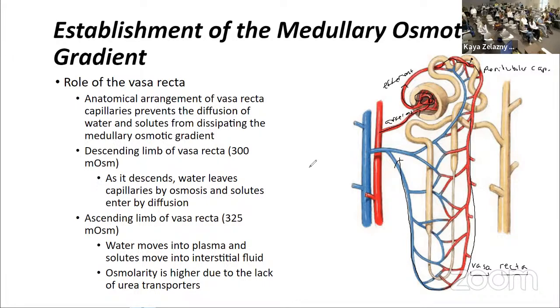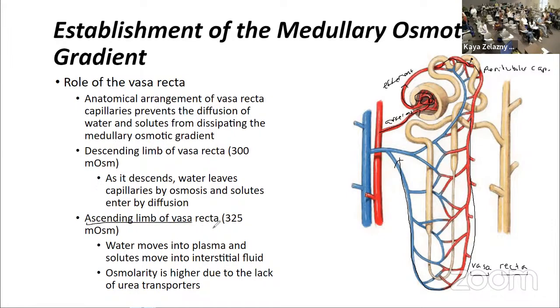Okay. So if you look at the descending limb of the vasa recta, it's at 300 milliosmoles. As it's descending, water does leave capillaries by osmosis and start to enter that medulla. Okay. But in the ascending limb of the vasa recta, we're at a slightly higher osmolarity, but the water in the interstitial fluid can move back into the ascending limb of the vasa recta.